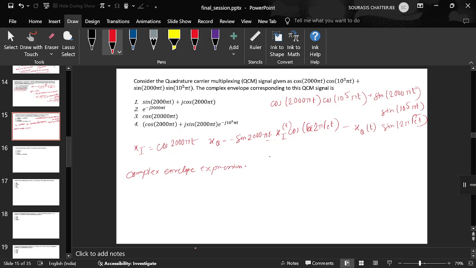The complex envelope expression for QCM is given as follows: x_i(t) + j x_q(t).